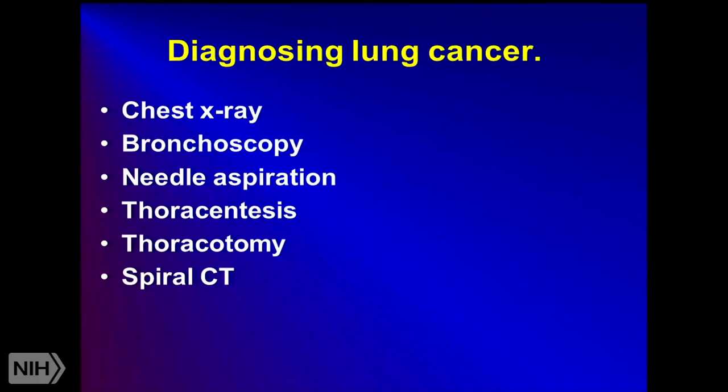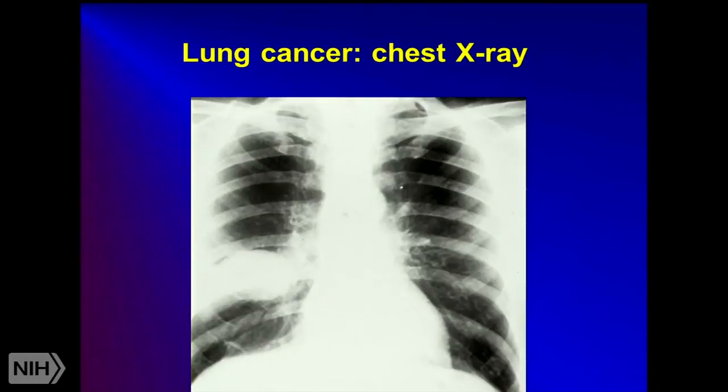And so it's traditionally diagnosed with a chest X-ray, but there's other ways of detecting it as well. And a very popular way now is using spiral CT for early diagnosis of lung cancer. So here's a chest X-ray, and you see a mass here, and this is a cancer then in the lung.